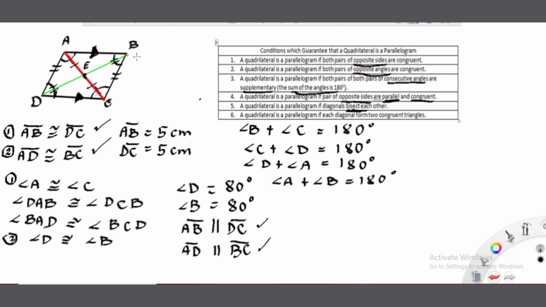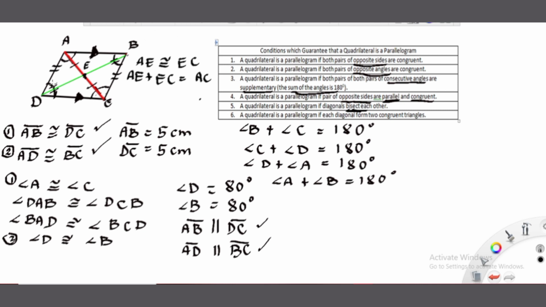Equal ang kanilang measurement. And pag i-add natin itong dalawang to, when we add AE and EC, of course, that is equal to the whole diagonal. Yung half, added to the other half, that's equal to the whole diagonal, which is AC.